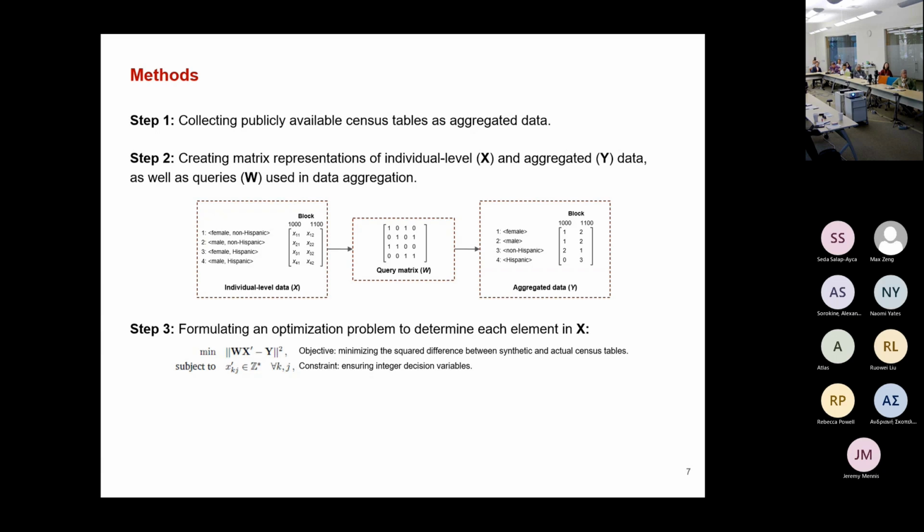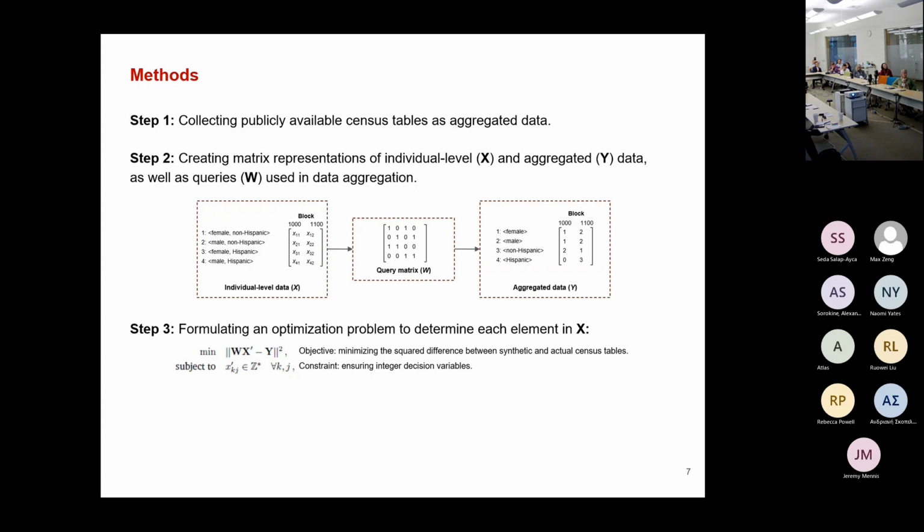And each column will represent a geographic unit. And each element in this matrix will be determined by our model, and they represent the population counts in the geographic unit that can be characterized by the attribute values in each row.